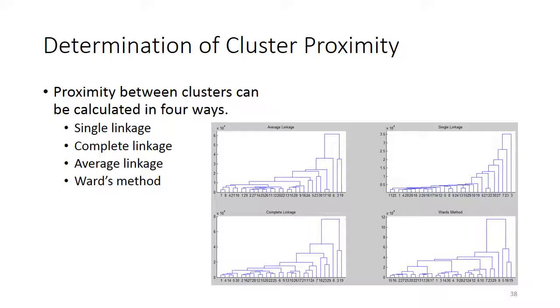But if we look closer, we can see that here in average linkage, points 19 and 3 have been paired together and determined as not being able to be clustered with any of the other points until the last clustering opportunity, as they are in complete linkage, or it's the same.